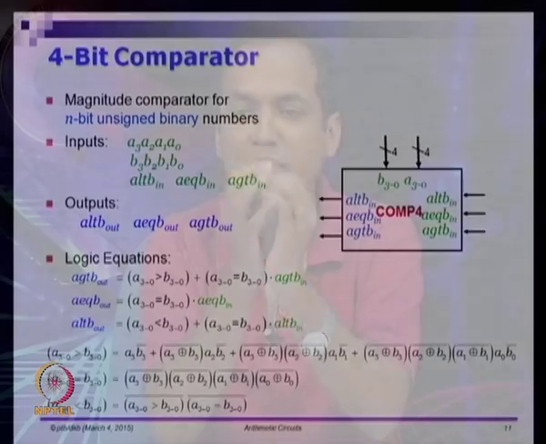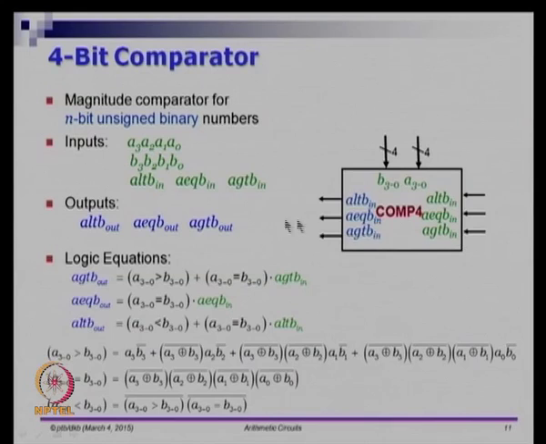This 4-bit comparator may sit somewhere in the middle in a very large comparator. So, all I am putting is a condition whereby if I know something from the right side, how do I tell the left side whether they are equal or different?